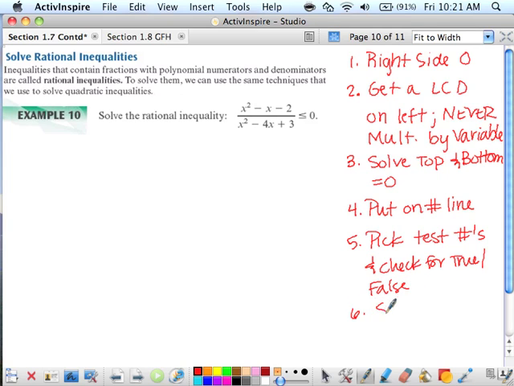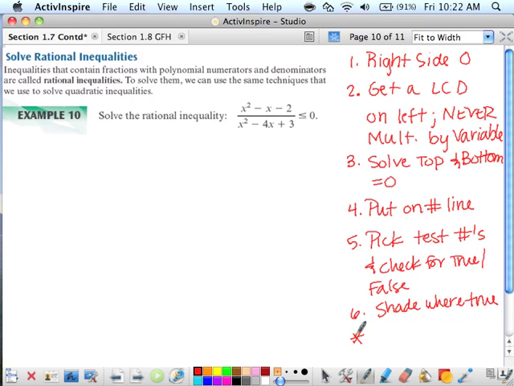Now, after you shade where it's true, you have to decide whether to use parentheses or brackets. You can tell based on the problem. So we can see here that this is less than or equal to, so we're probably going to have brackets in our answers. However, because these have variables in the denominator, sometimes some of the numbers on your number line are going to be restrictions. It's where the bottom goes to 0, not just the top.